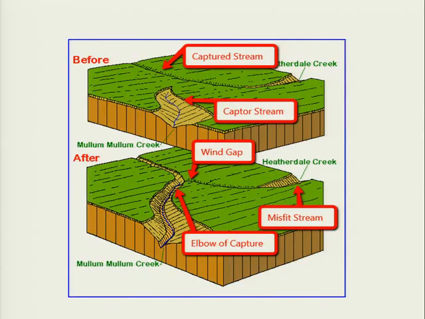Now if I can just go back to the kinds of rivers. Imagine the captured stream, the one that is being stolen from. Imagine that is a permanent river. Now the capture stream steals that permanent river's water, leading to a misfit stream, in other words, to less water being in it.